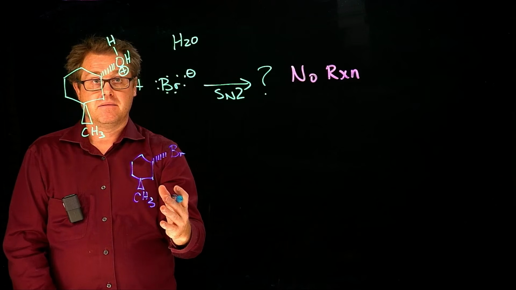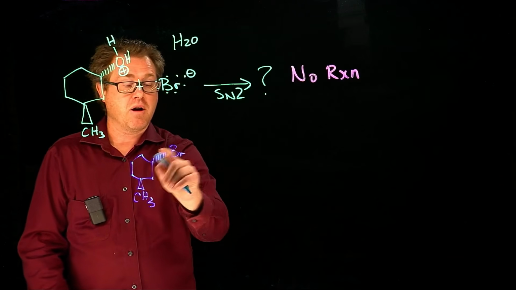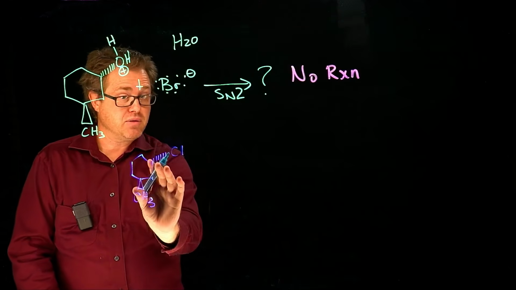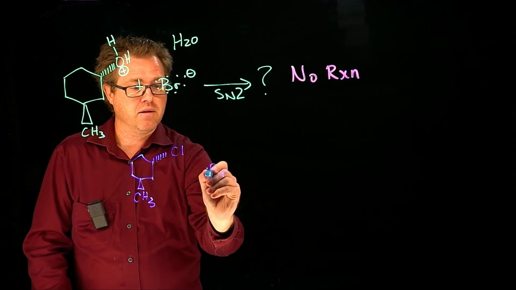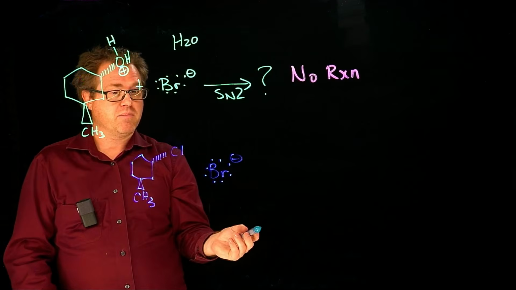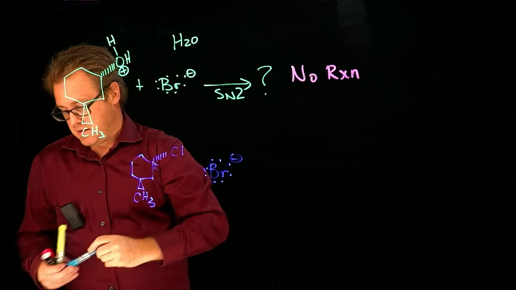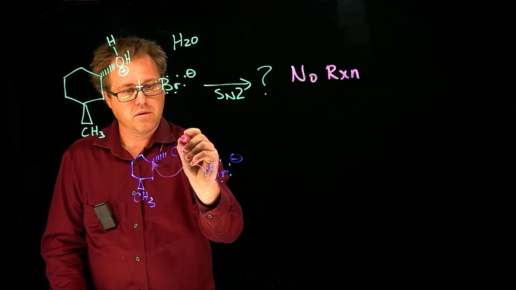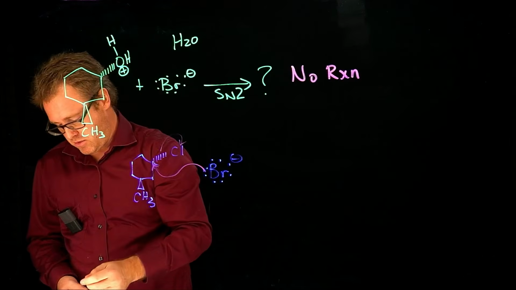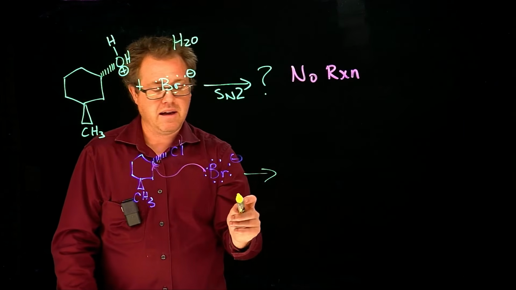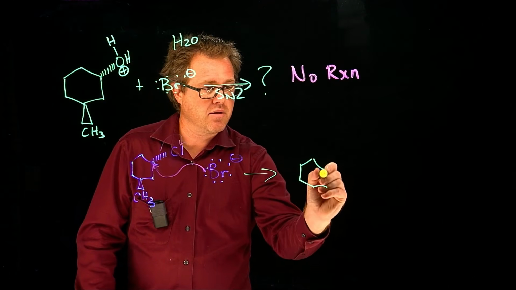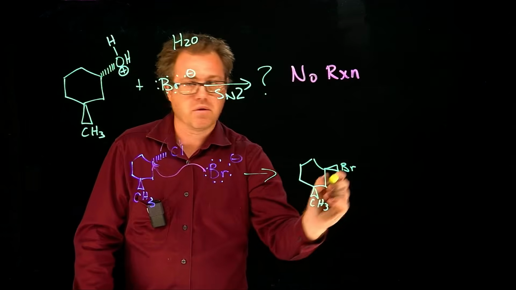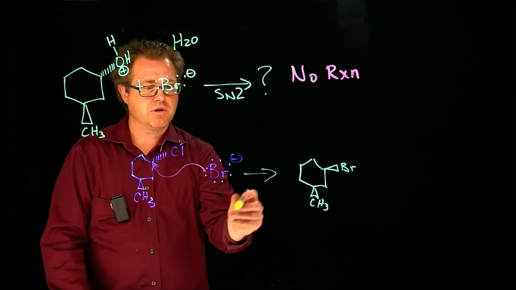So if this was the problem, well, let's change it to chlorine for right now. If this was our problem and we had bromide right here, what would the product be? If we did an SN2, that would give us this as the product, right? There you go. That's what we would get if this was doing an SN2.